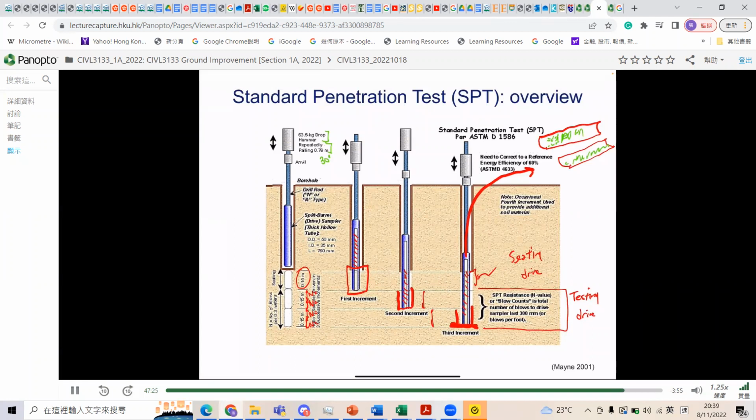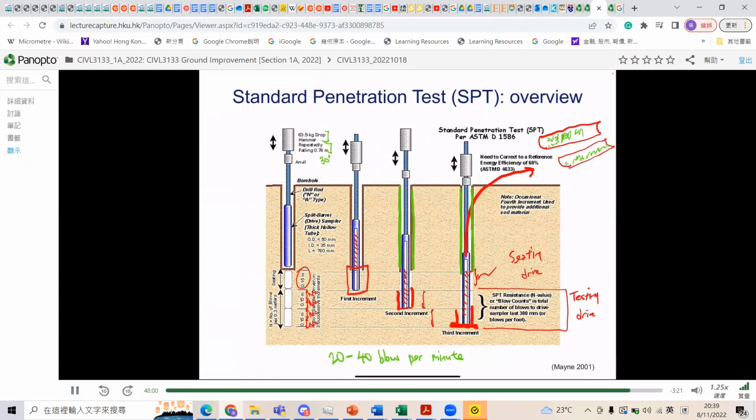Now, for a standard penetration test, for most tests, it requires that we drop the hammer at a rate so that we achieve about, let's say, 20 to 40 blows per minute. So that's the general rate that we want to do. And we also want to make sure that the side of this borehole is stable, right?